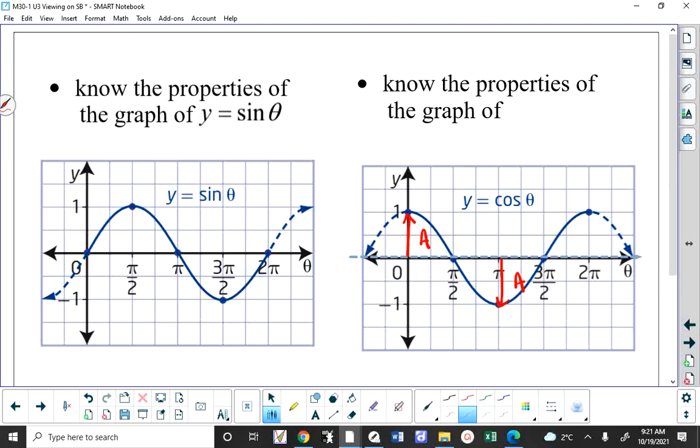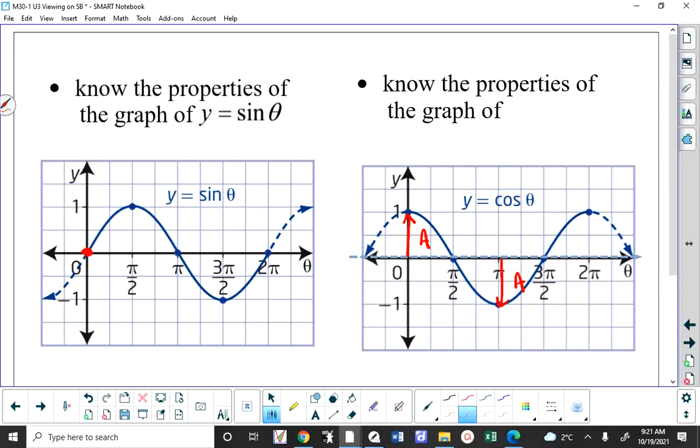What's most significant is that these graphs repeat every 2 pi. We call that the period. And the start point for sine is, I want to say it's at the origin, but I want to make this more general for what we did yesterday. The start point for sine is on the midline of the graph.